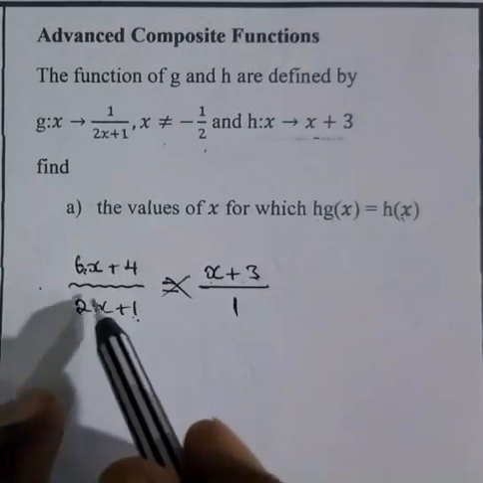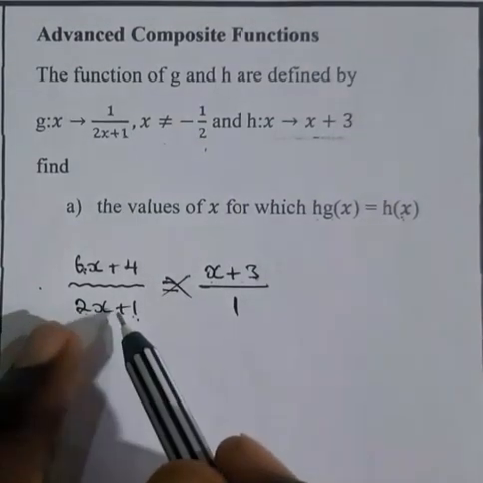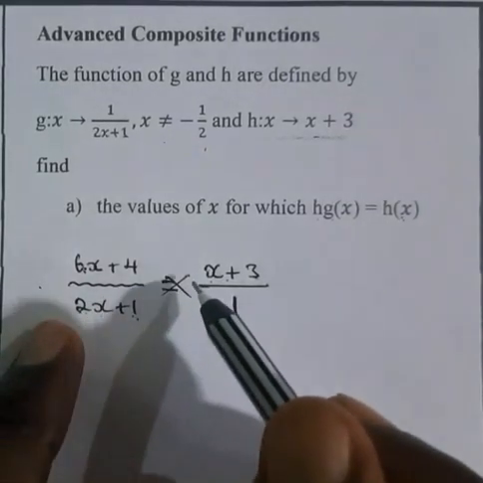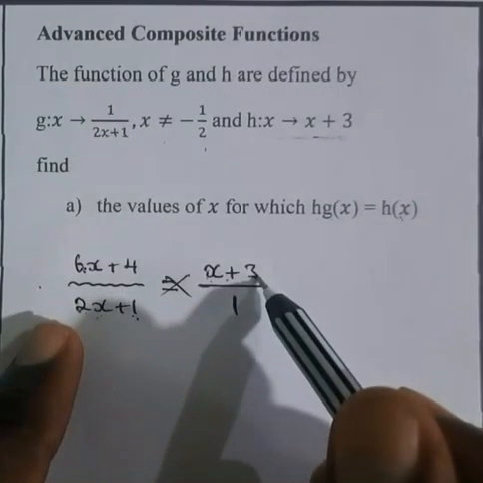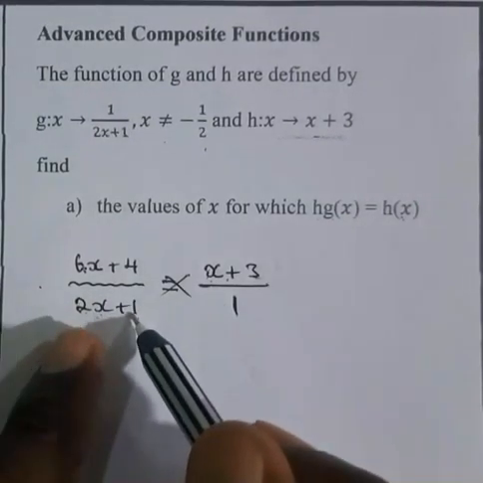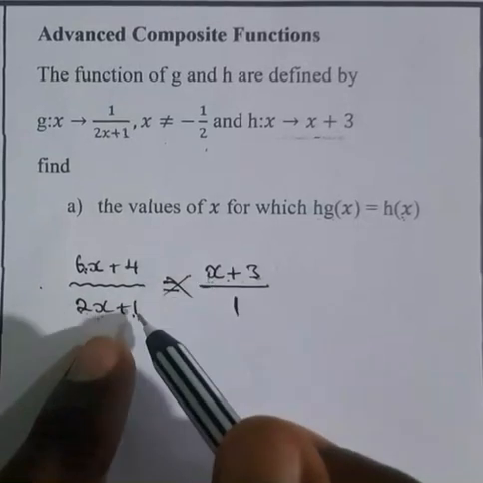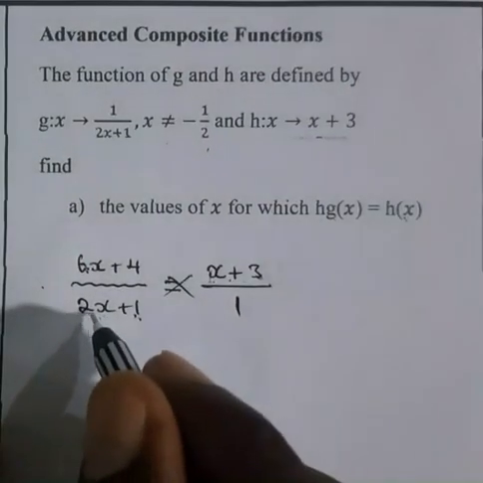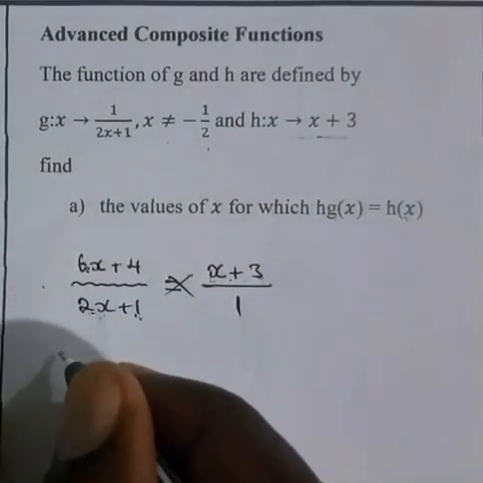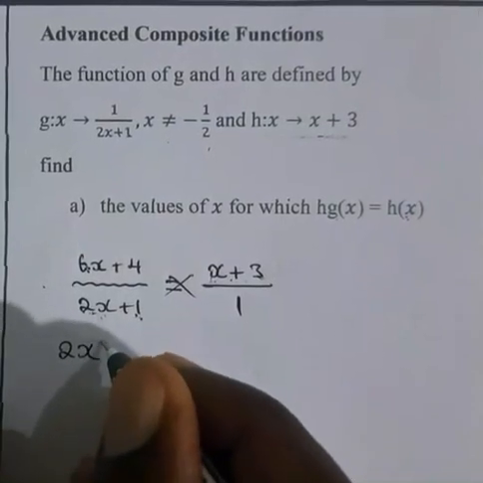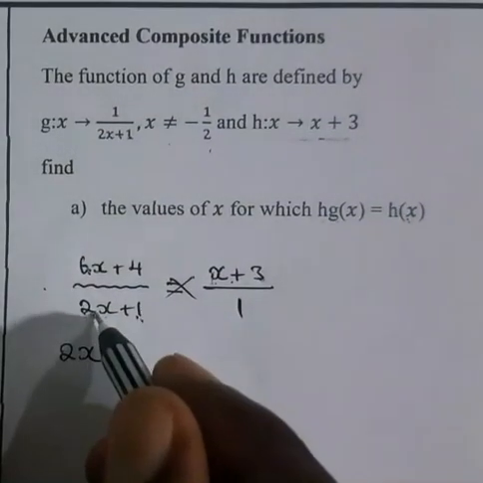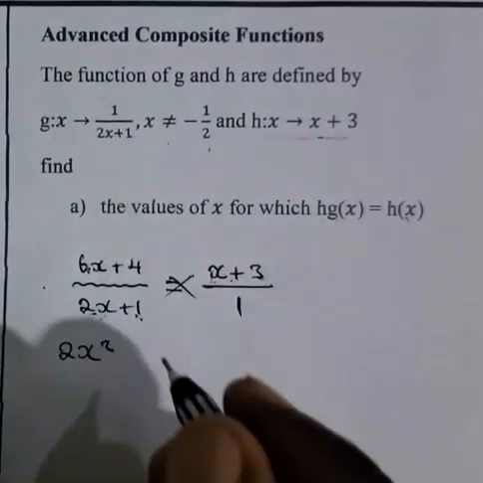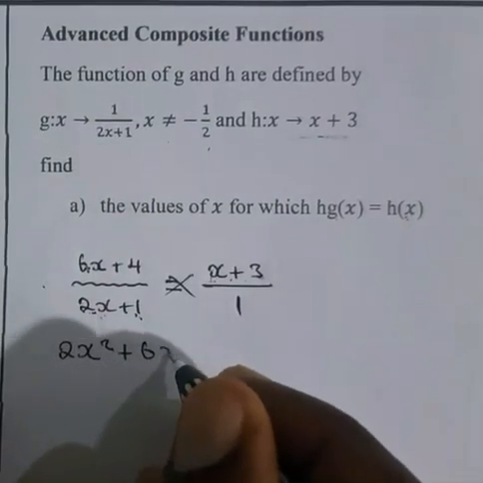So it means that we have to multiply each term by each term here. We'll start with 2x times x, then 2x times 3. Again, we're going to say 1 times x, and again 1 times 3. Fair enough, isn't it? So 2x times x is 2x squared. 2x times 3 will be positive 6x.